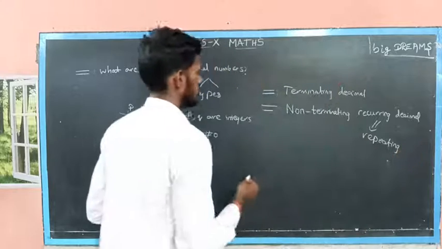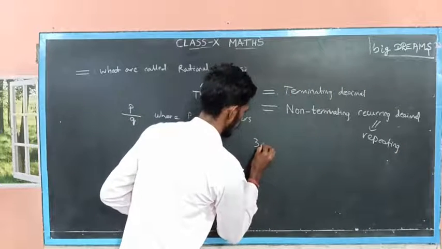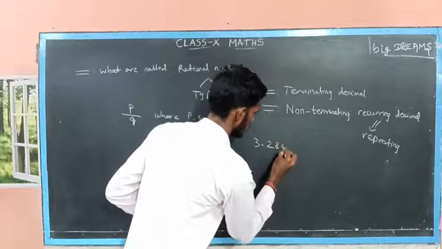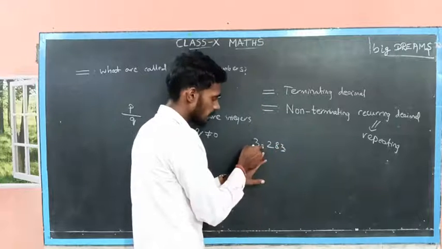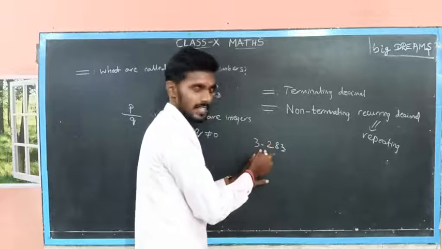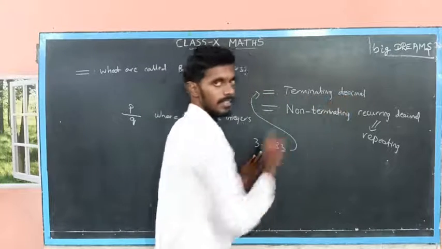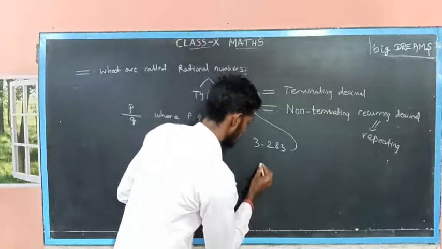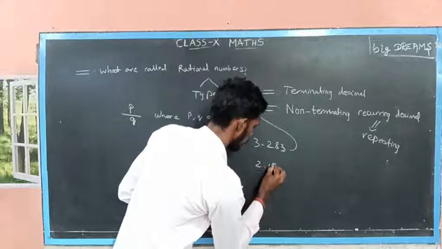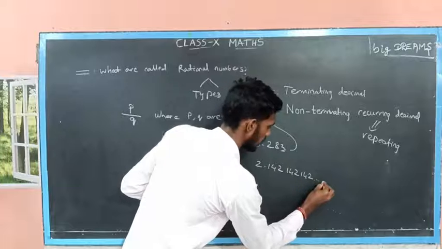Let's see a few examples of these types. For example, 3.283. After the decimal point, there are exactly 3 digits. So the digits are ended, and this lies in the category of terminating decimal. Okay. For example, see this number 2.142142142, like that it goes on.